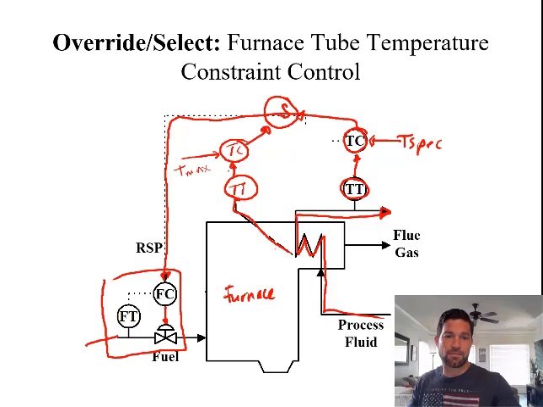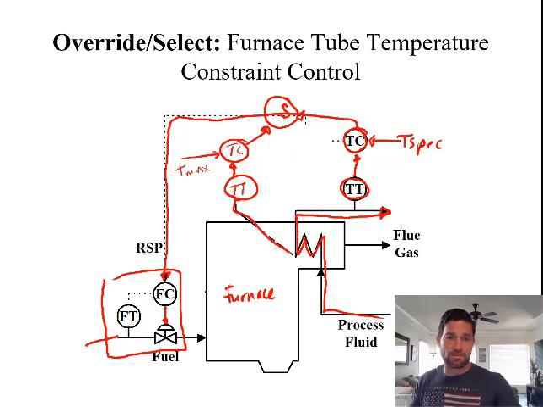Okay, what we need to think about in order to determine whether this is a low select or a high select is we'll look at the safety constraint or the override constraint loop. The objective of this loop is going to be to get this system to the safety constraint, right? So we want the maximum temperature loop, its objective is to get the tubes to the safety limit or to the constraint.